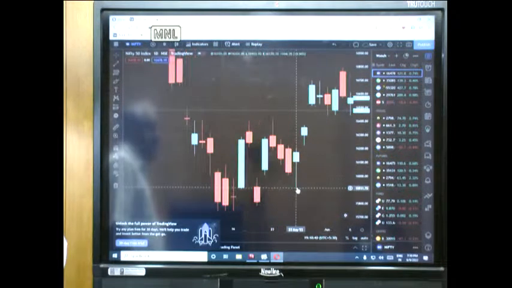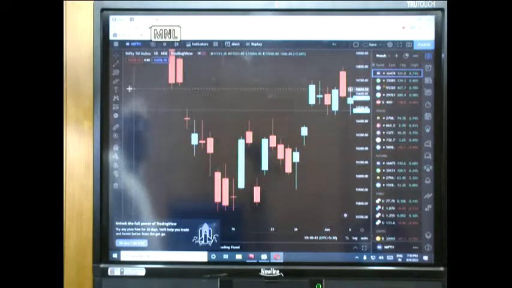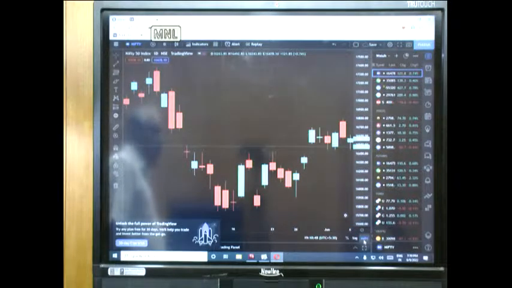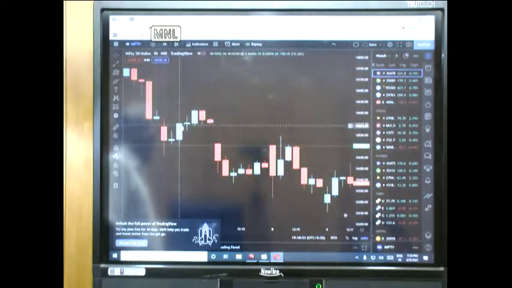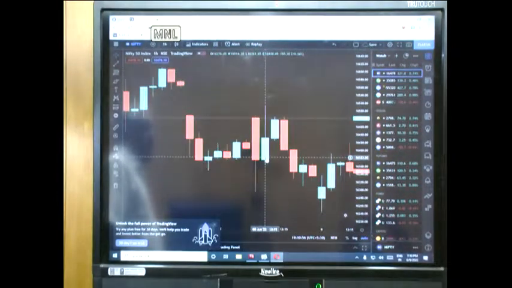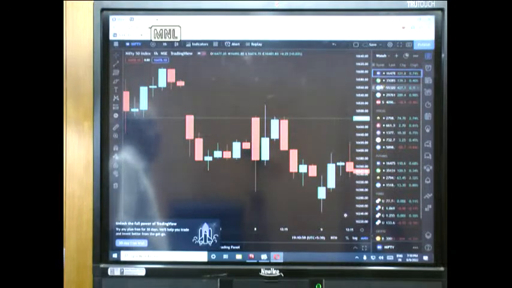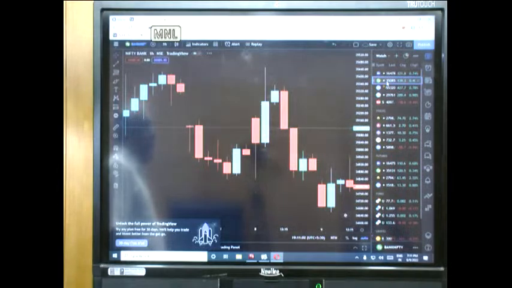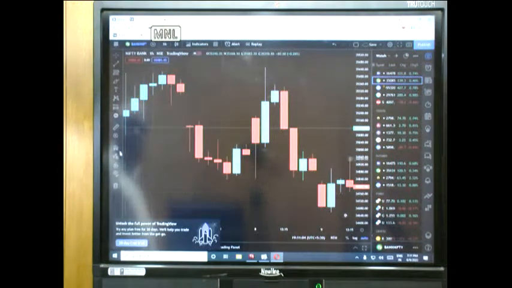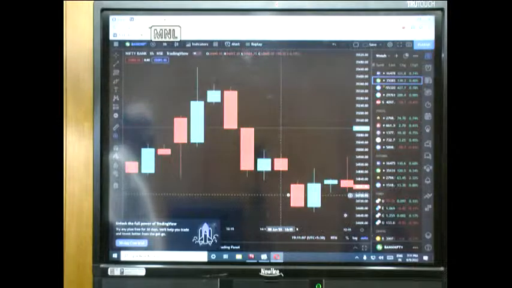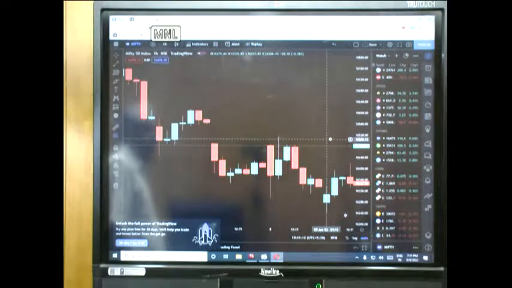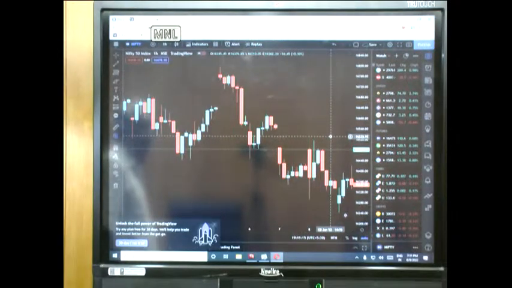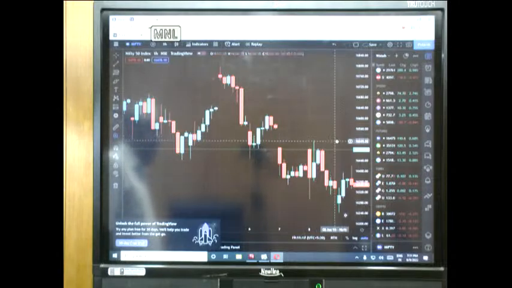So let's look at this chart now. Now the last low that came is 16,240.